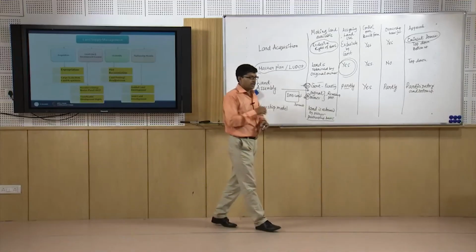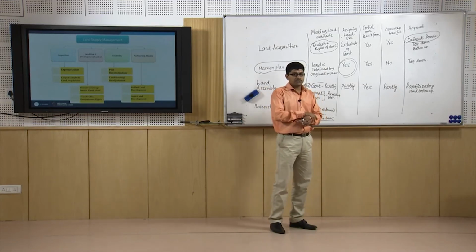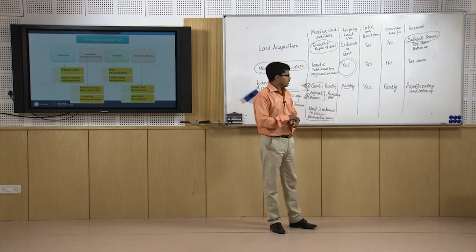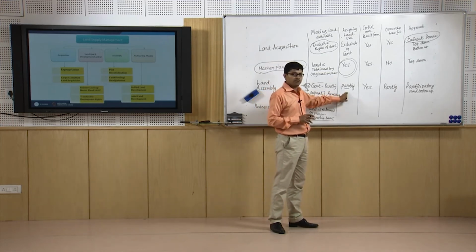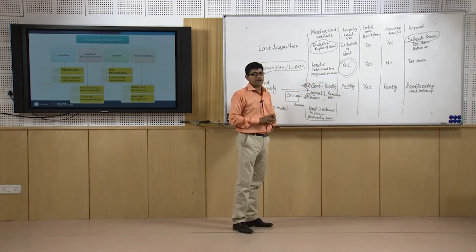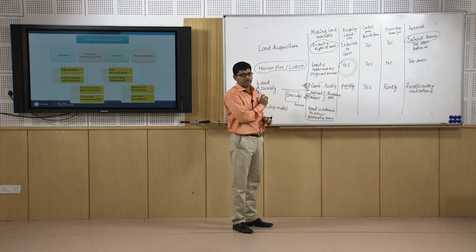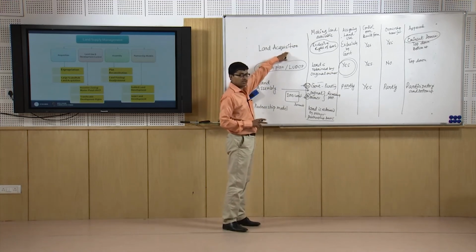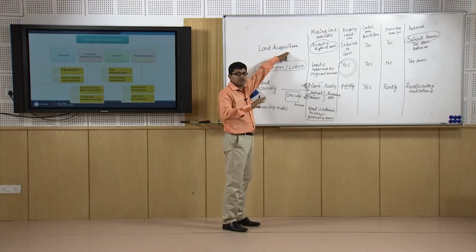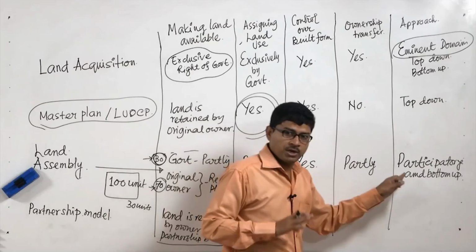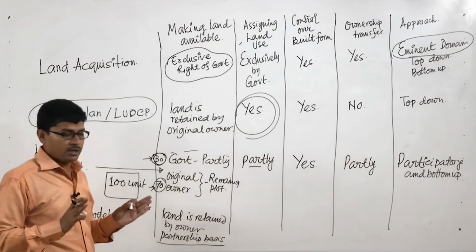Mostly in states like Gujarat, Maharashtra, Madhya Pradesh, their town and country planning acts readily have this kind of provision of land plot reconstitution, whereas right now a few other state governments are also trying to incorporate this element of land assembly for the future development of housing, because this particular method has the advantage of not going into the land acquisition method, which is a very lengthy and sometimes stringent process. It has a participatory and bottom up process, and it also ensures planned urban development.